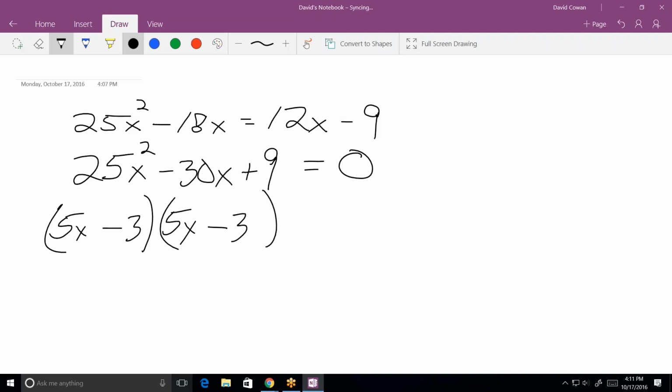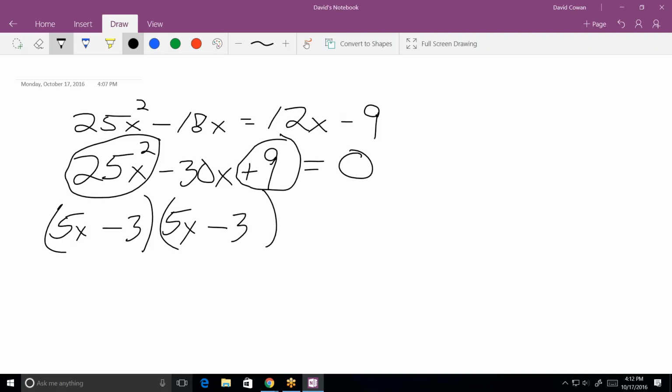Okay? Now, I don't have to FOIL this whole thing back together again. I could, and you would see that I have 25x squared minus 15x minus 15 more x plus 9. The thing is that because of the way I factored it, I'm 100% sure that this term is correct. And I'm 100% sure that this term is correct.